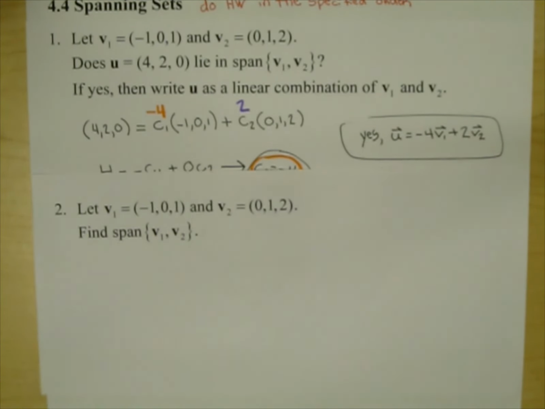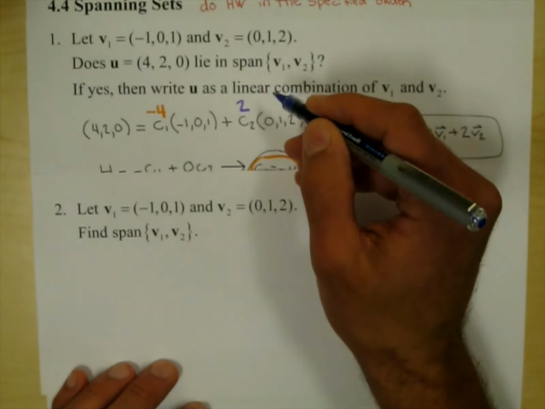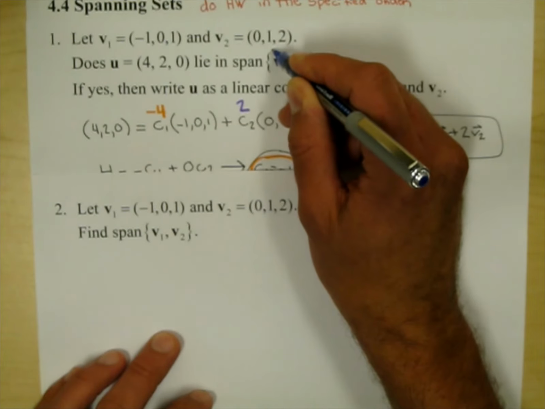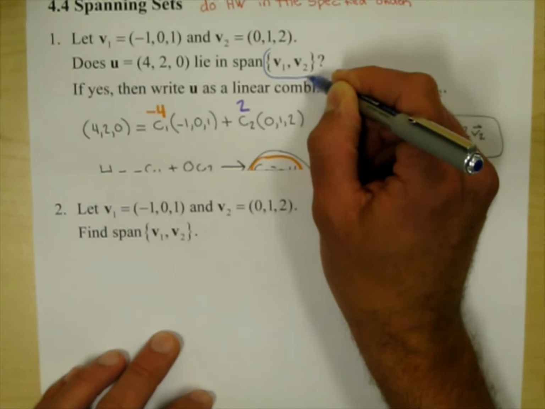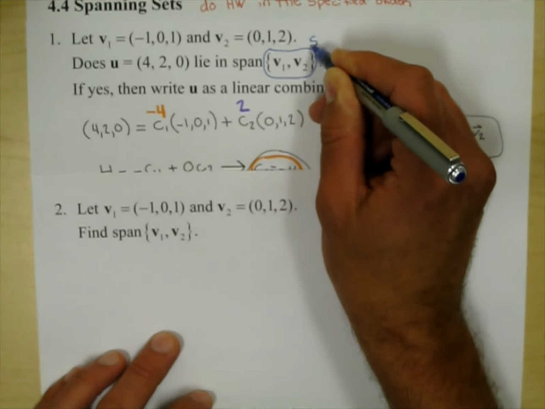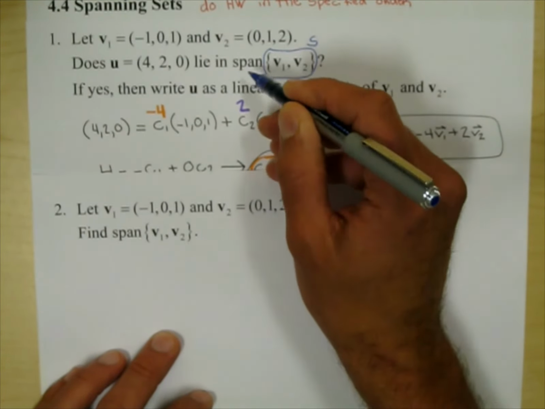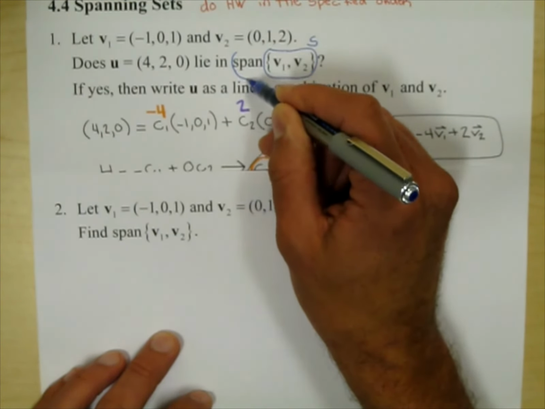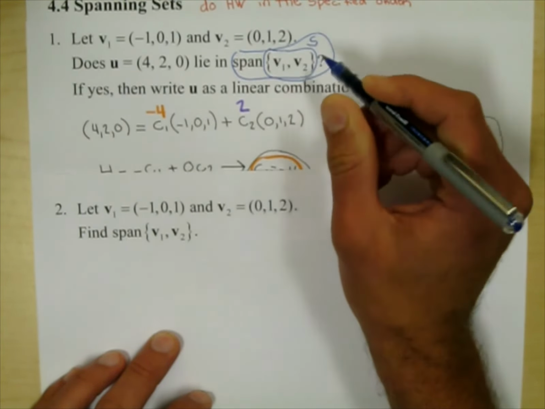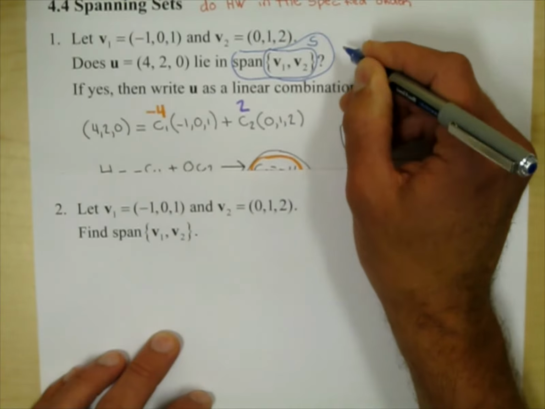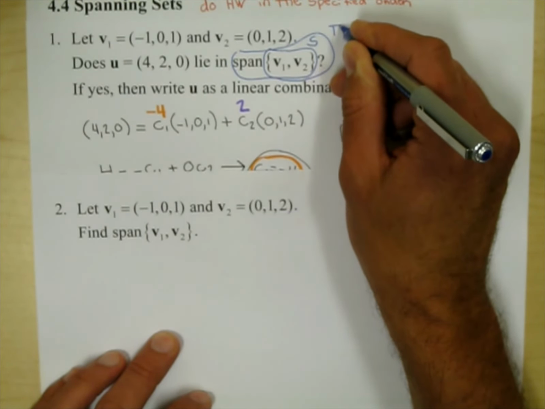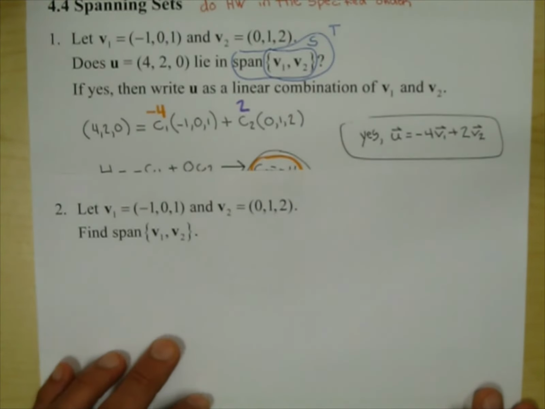Let's go ahead and do some relabeling before I do this. Let's call V1, V2 set S. And then we'll call this, the span of S, we'll call that T. Okay?